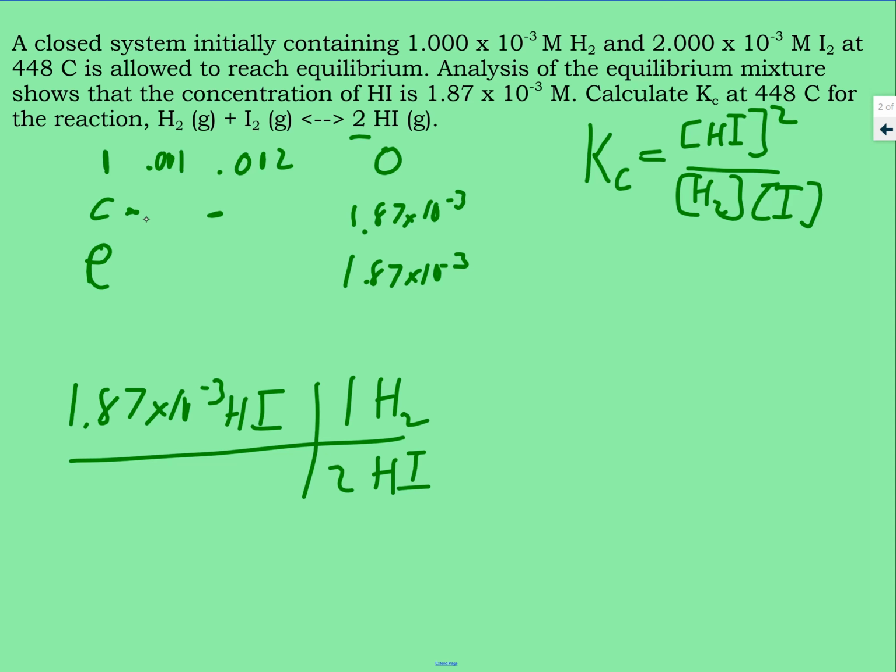It's going to be negative 9.35 times 10 to the negative fourth. And the same for this one, 9.35 times 10 to the negative fourth.